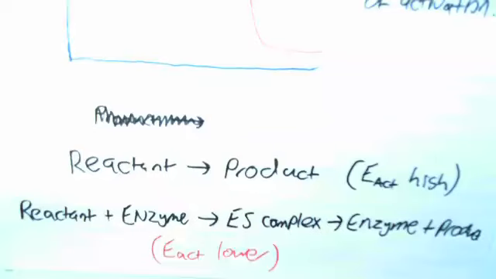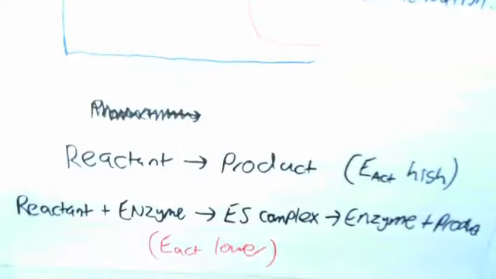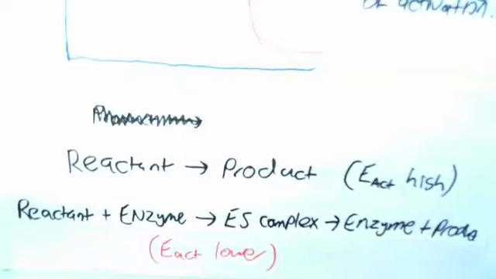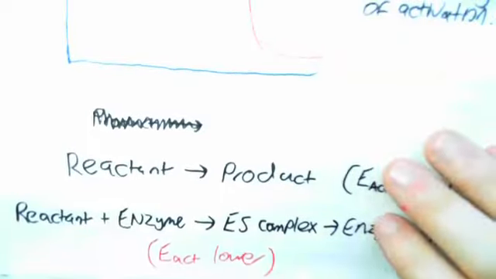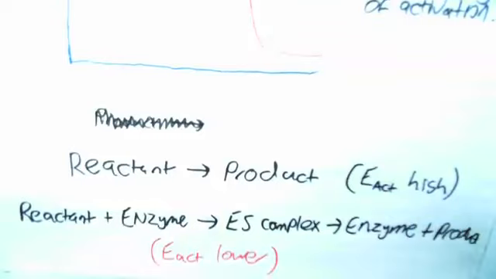You don't need to worry too much about that, but it lowers the activation energy and helps the reaction proceed, and that goes to enzyme plus product. Though there are more steps in the reaction itself, the reaction actually proceeds faster because of this lower activation energy, this lower energy hump you need to get over.